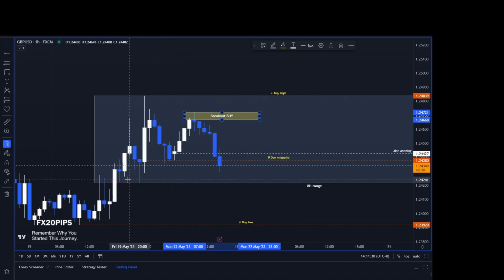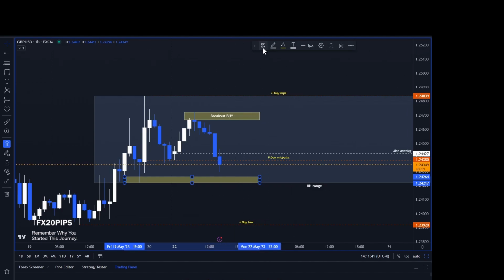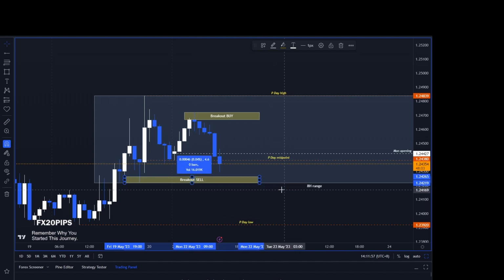So let's say I use this low. Now let me get the tools. This low and this low. Assume that I use this as the breakout sell. What are the things to consider? Things to consider is the size of the breakout zone. For example, here to here is about 4 pips.